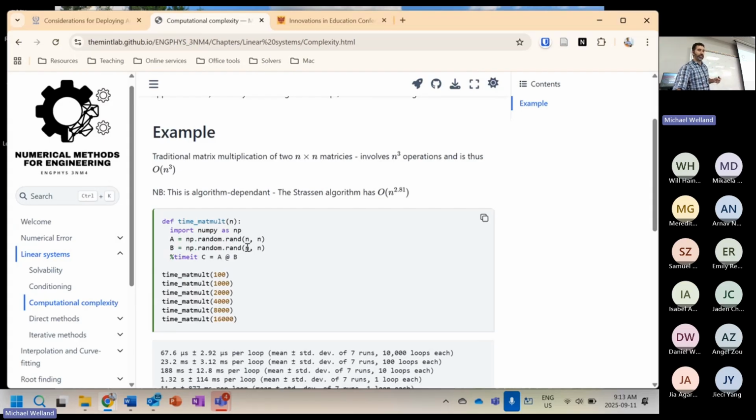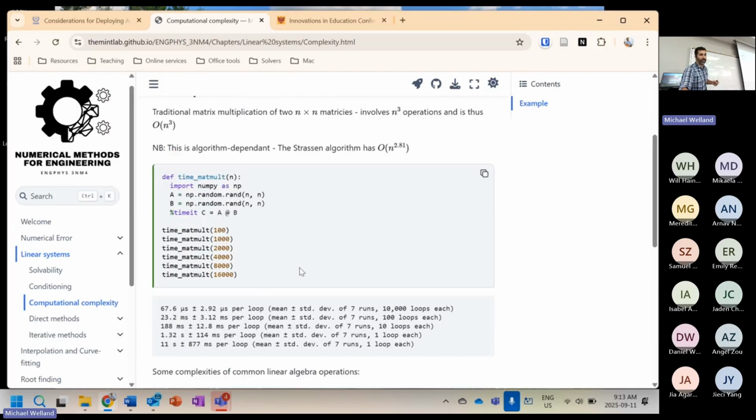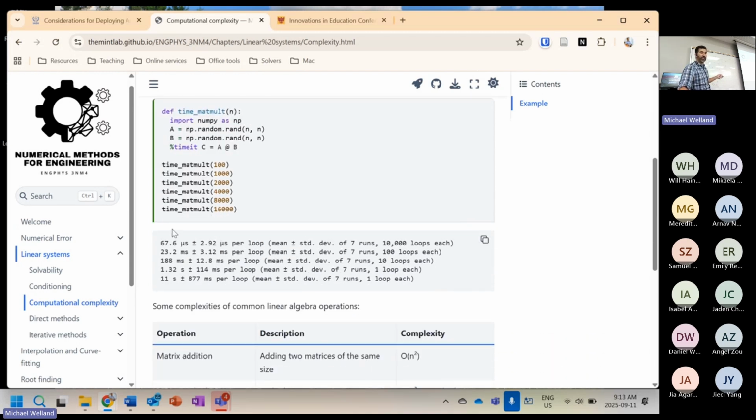So in this case, we're generating two random matrices and we are multiplying them. Matrix multiplication. And then we're going to time it for different sizes of matrices. What you see is when we increase n by a factor of 10, we get roughly 1,000 times longer execution, right? This is microseconds, it's milliseconds, so you get a 1,000 times longer function.